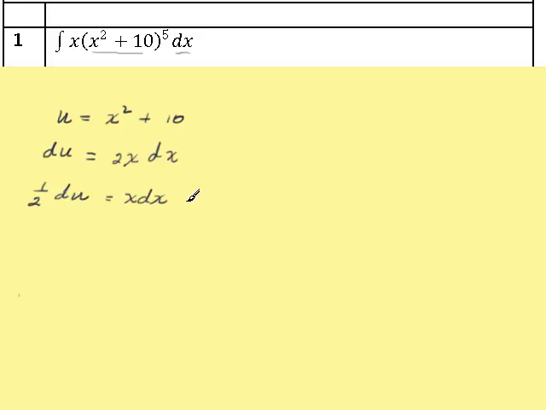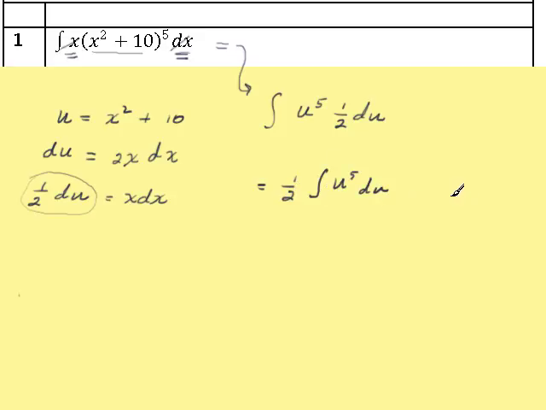Using what we have here, we can now substitute for all the pieces in our integral. First, for x dx, we will substitute 1/2 du, because that's equal to x dx. I'm going to cross this off because we did our substitution. Now what's left is (x squared plus 10) to the 5th. For x squared plus 10, we're substituting variable u, so that would be just u to the 5th. Let's rewrite this with the 1/2 on the outside.